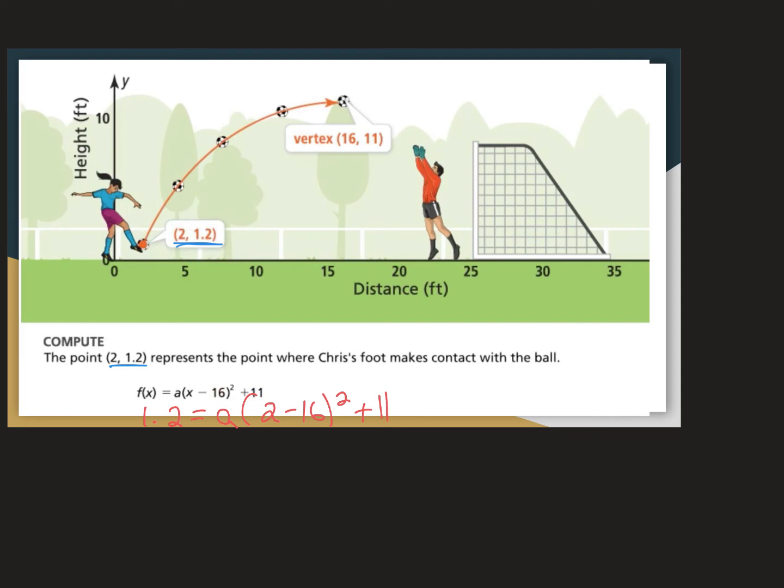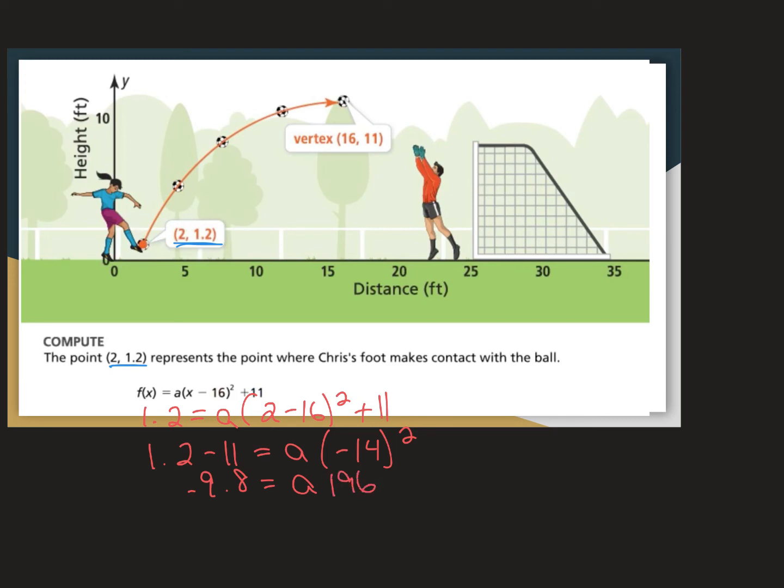I am going to first simplify, so I have 1.2 minus 11, I'm going to move the 11 over there, equals a times negative 14 squared. 1.2 minus 11 is negative 10, no, sorry, not negative 10. Negative 9.8 equals a times 14 squared, which is 196.